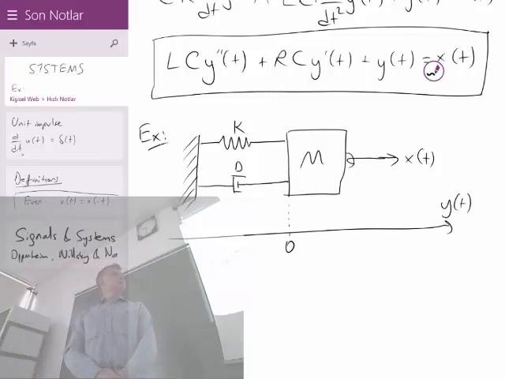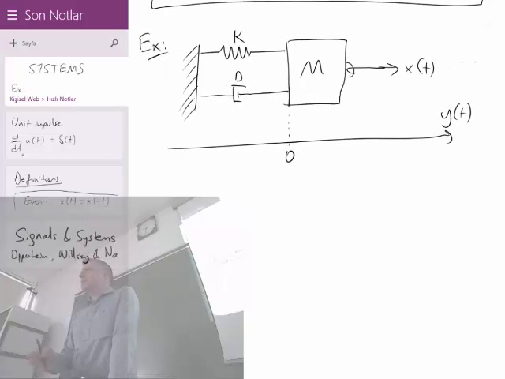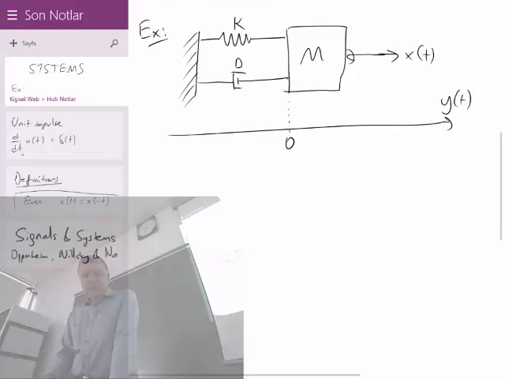So this is the question. Can you describe y of t, the position of this mass, in terms of the input, x of t? And as you will see, the equations are very similar, and they are very simple as well. We will come up with a second order differential equation.